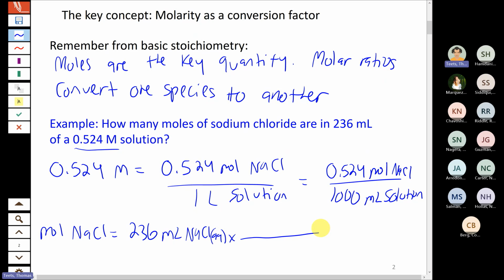So then we want milliliters to cancel, so we're going to have 1,000 milliliters in the denominator. So that milliliters cancels, and that's going to be 0.524 moles, the molarity, in the numerator. All right, so again, 0.524 moles per 1,000 milliliters. Milliliters cancels out. And that gives us then the moles of sodium chloride.